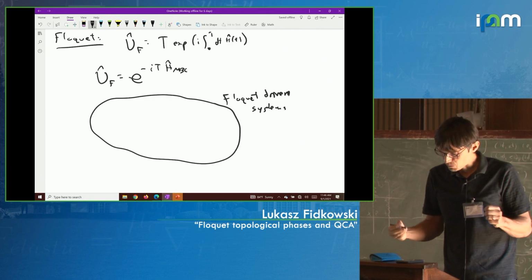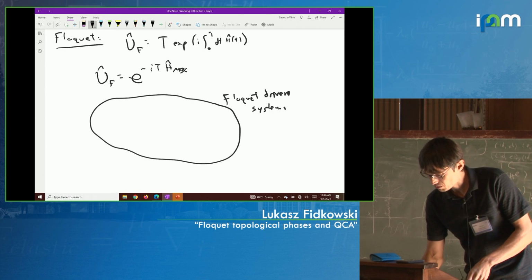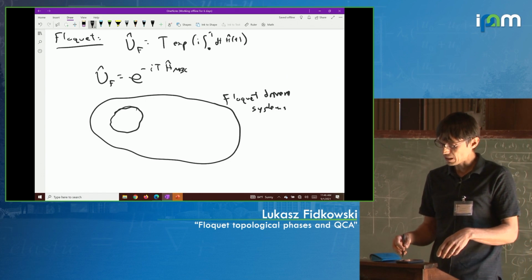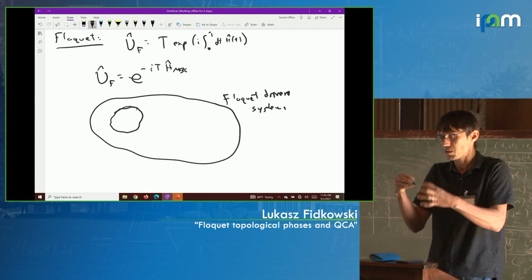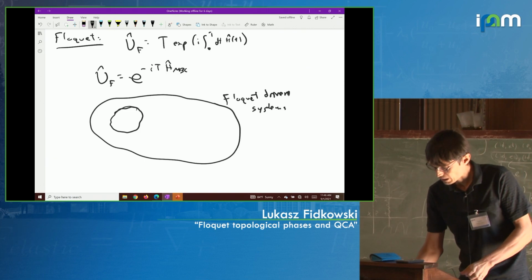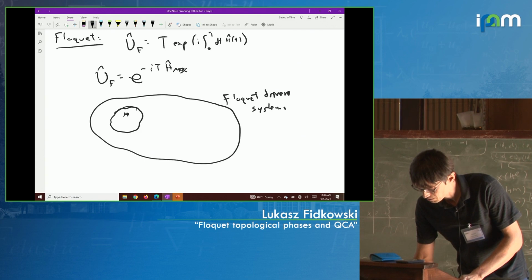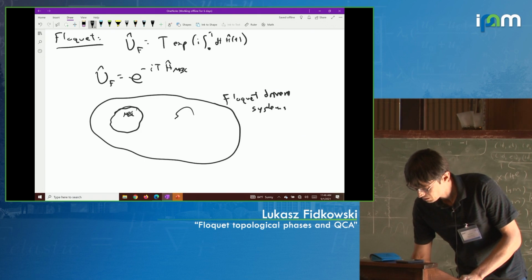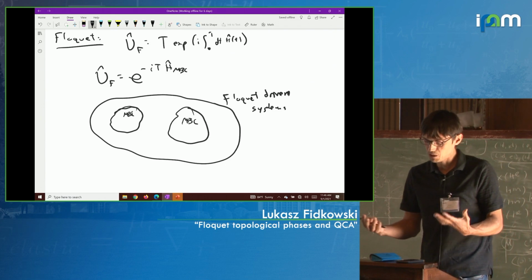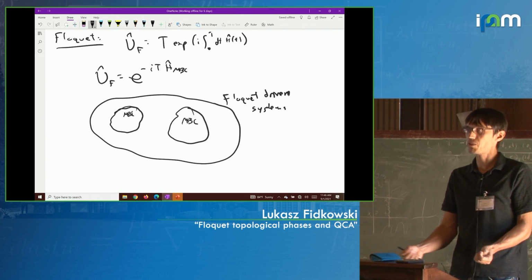But you can imagine that there are these islands, these robust sets, not just sets of measure 0, but sets of some finite measure, which have the MBL property. And you can imagine that maybe there are many different ones.